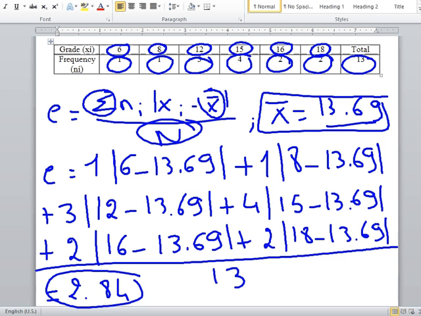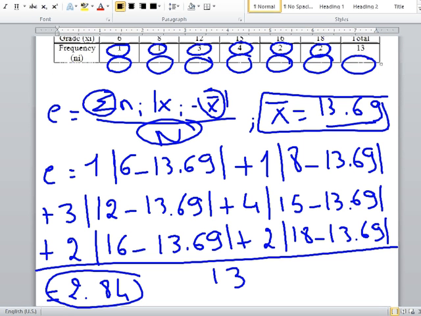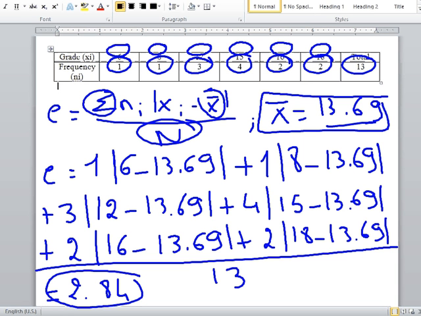So this is the absolute mean deviation. Sometimes the absolute mean deviation is denoted by MAD for absolute.